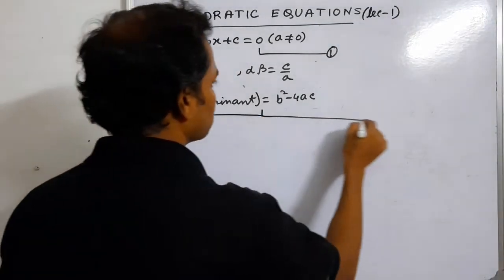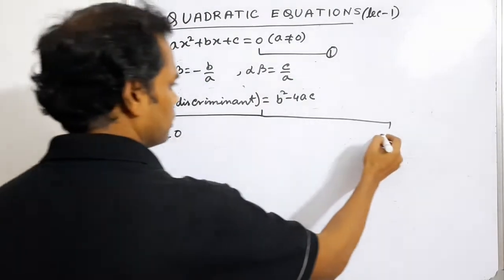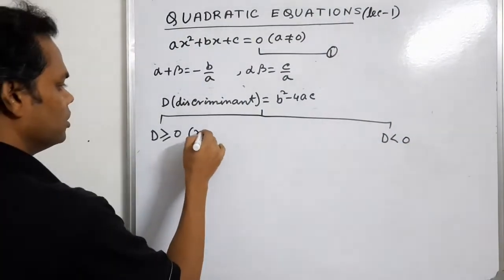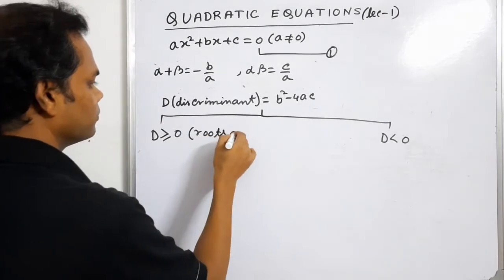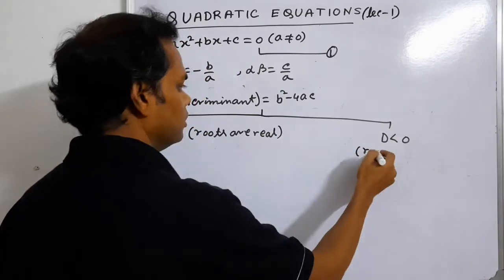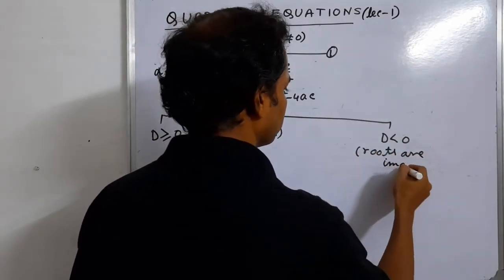So the nature of roots: first, d is greater than or equal to 0, and second, d is less than 0. If d is greater than or equal to 0, then roots are real. In the other case, roots are imaginary.